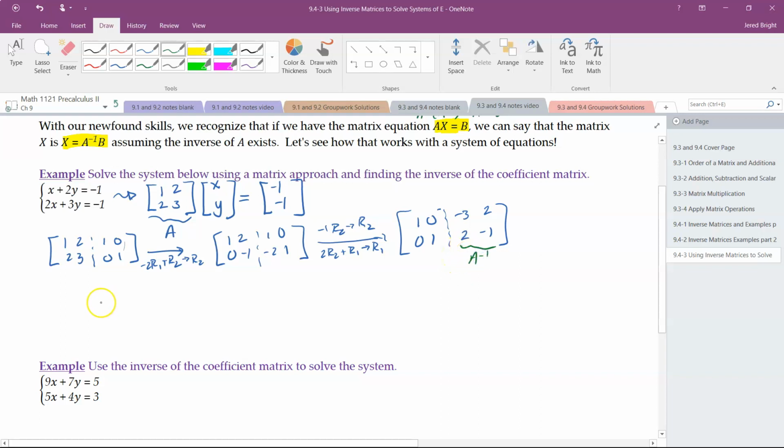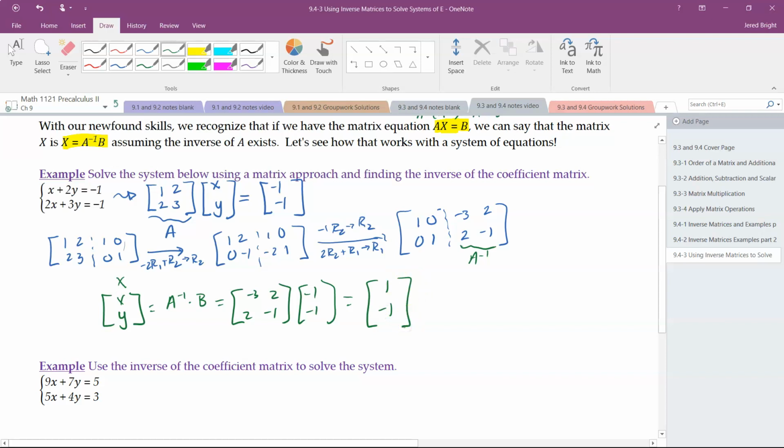So this is our inverse matrix, A inverse. Then the matrix X, x and y, is equal to A inverse times B, which is minus 3, 2, 2, minus 1, times negative 1, negative 1. When I do this, I get 3 minus 2 is 1, and then negative 2 plus 1 is minus 1.